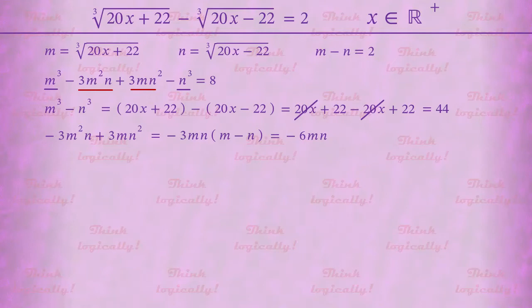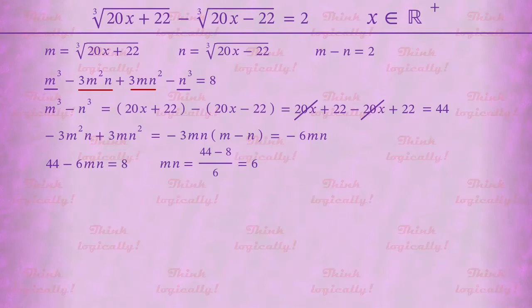Now the equation for m and n can be rewritten as 44 minus 6mn equals 8, from which it follows that mn equals 6.